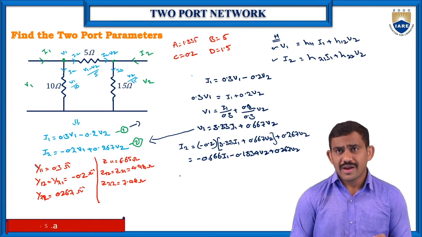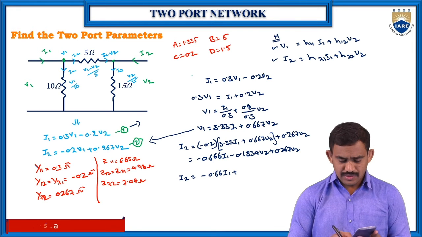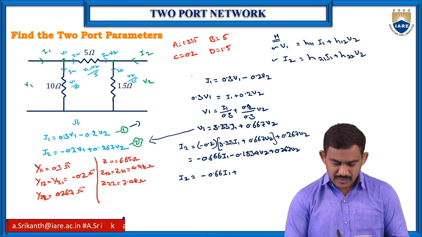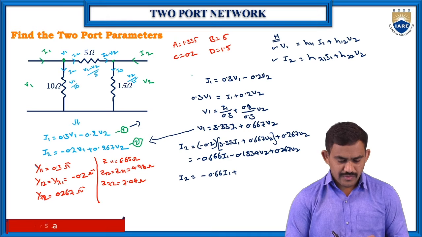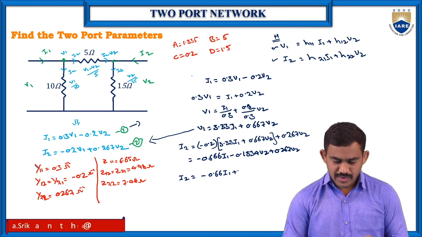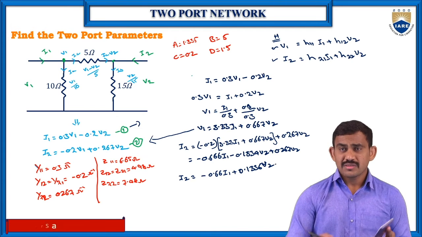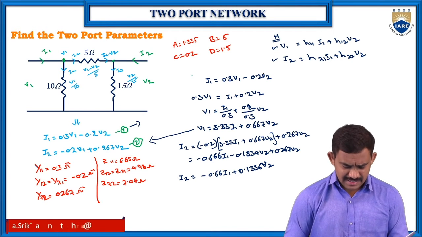Now we have the I2 value as minus 0.66 I1 plus 0.267 minus 0.1334, so plus 0.1336 V2.